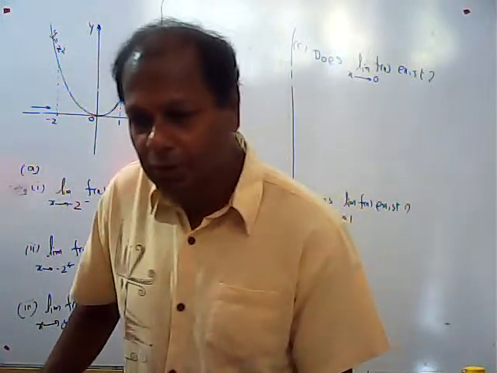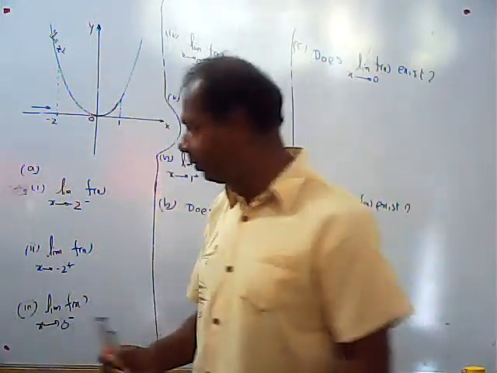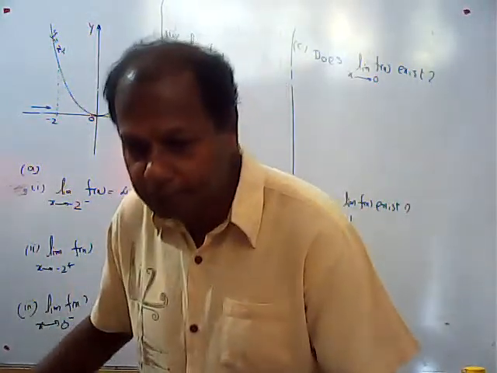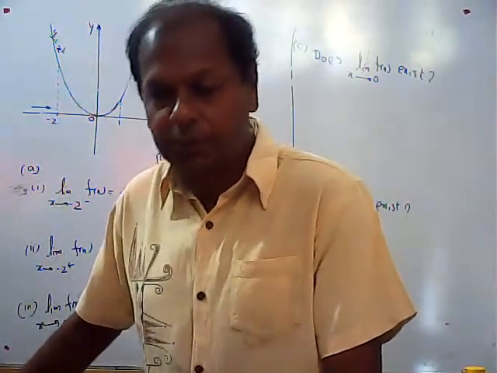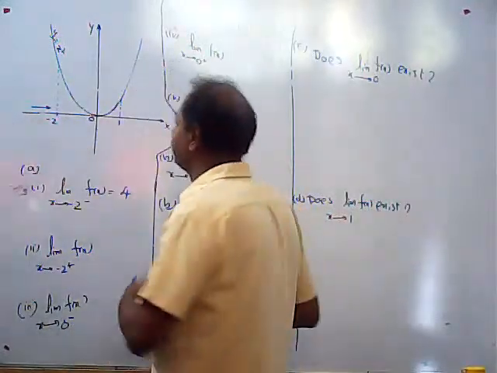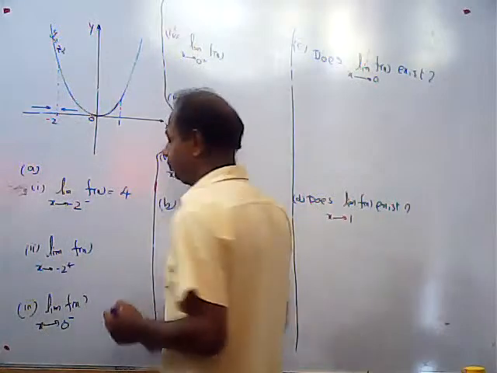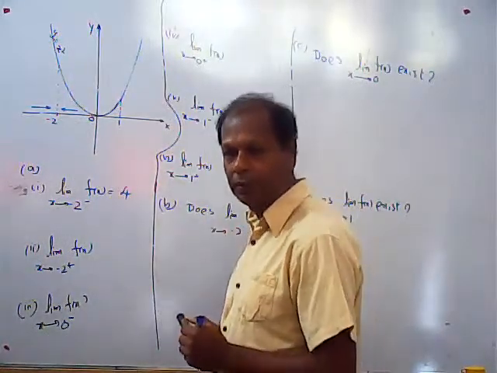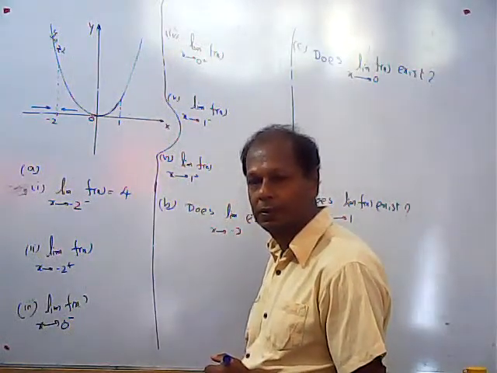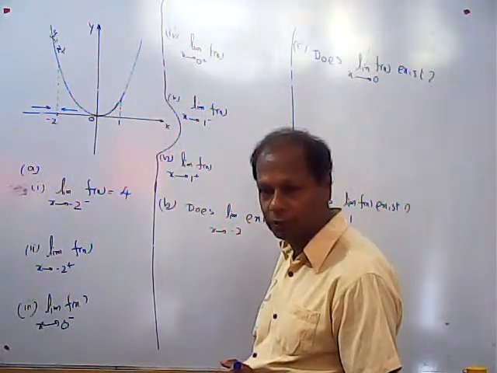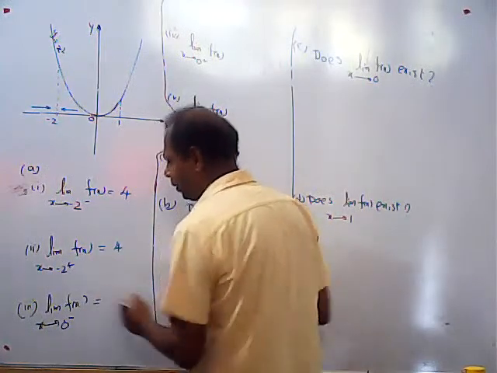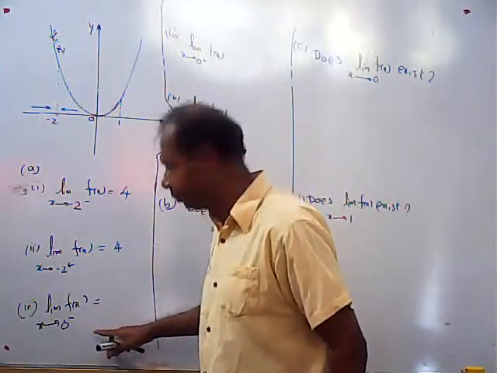Yeah, Sidhu says 4. Yeah, it is correct. The left limit is 4. Then what about the right limit? Yeah, Molina's answer is correct. What about the right limit at -2? As you get closer to -2 from the right hand side. Right limit at -2. Yeah, it is also 4. Yeah, the answers are correct. It is also 4.